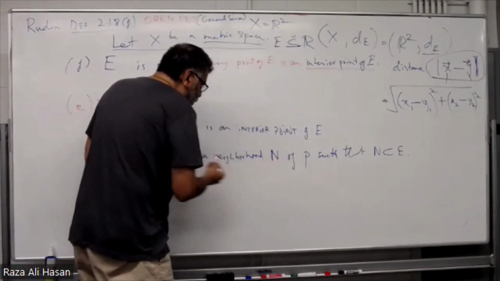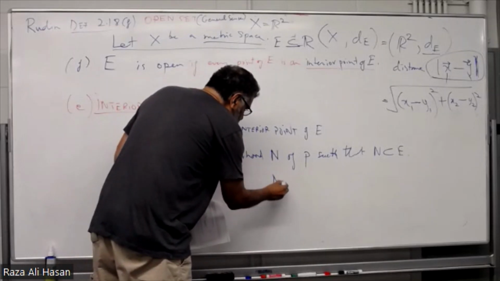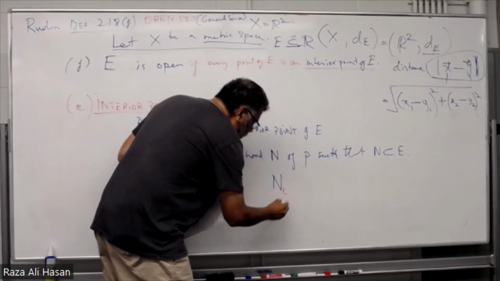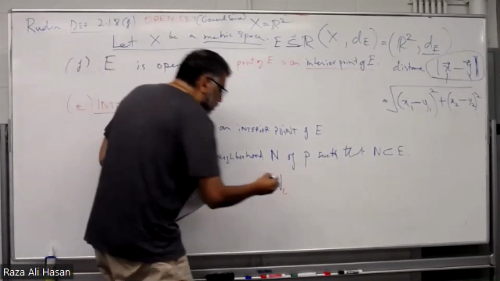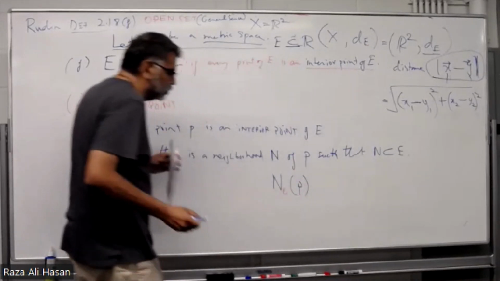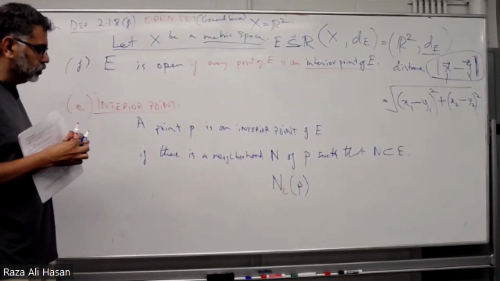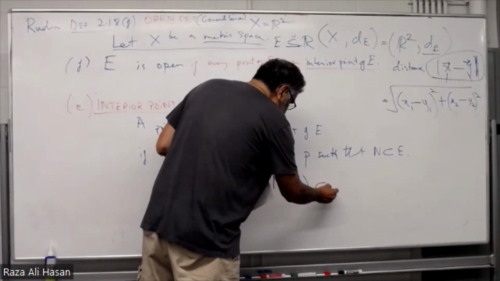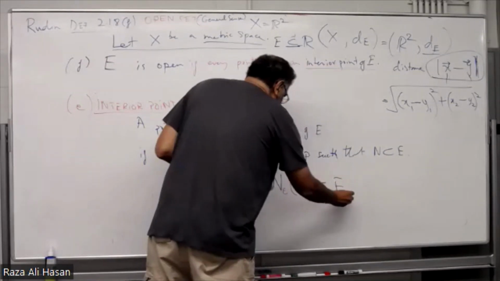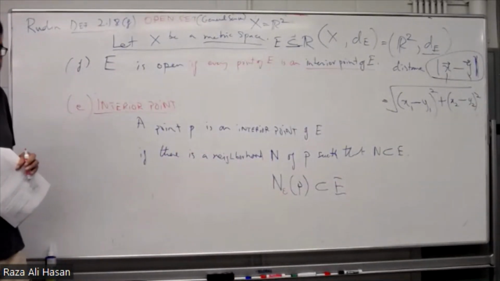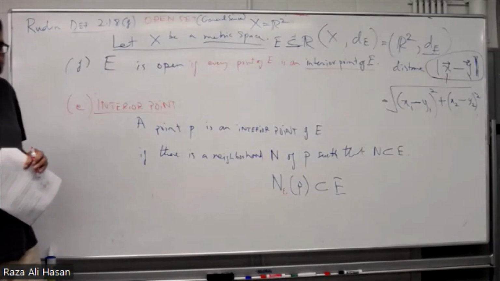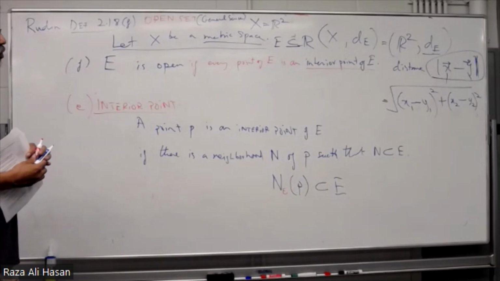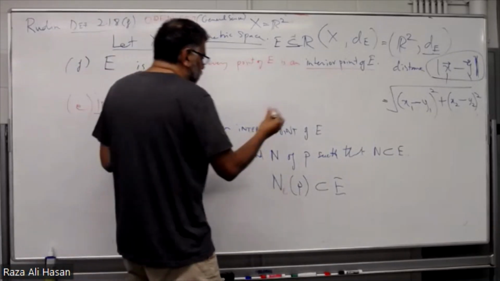And so what you do is you go N, and then you put the radius here. We could do epsilon here. Not equals, subset of E. So let's do it.